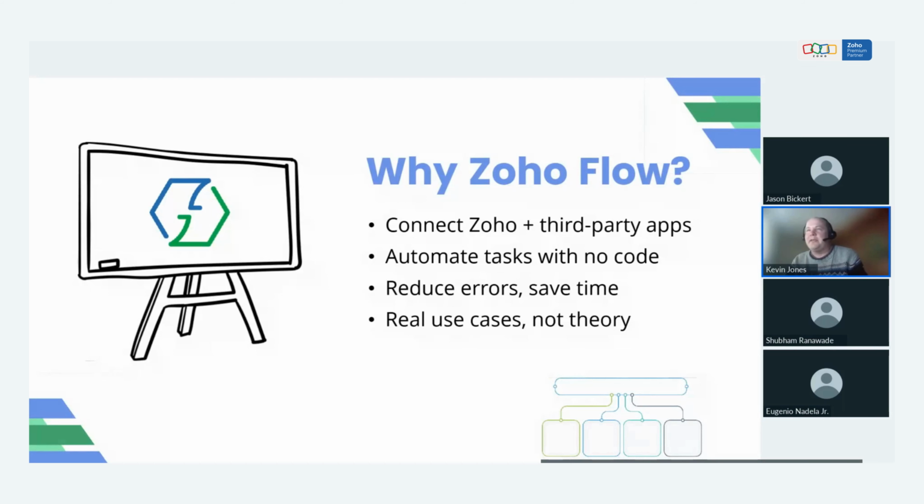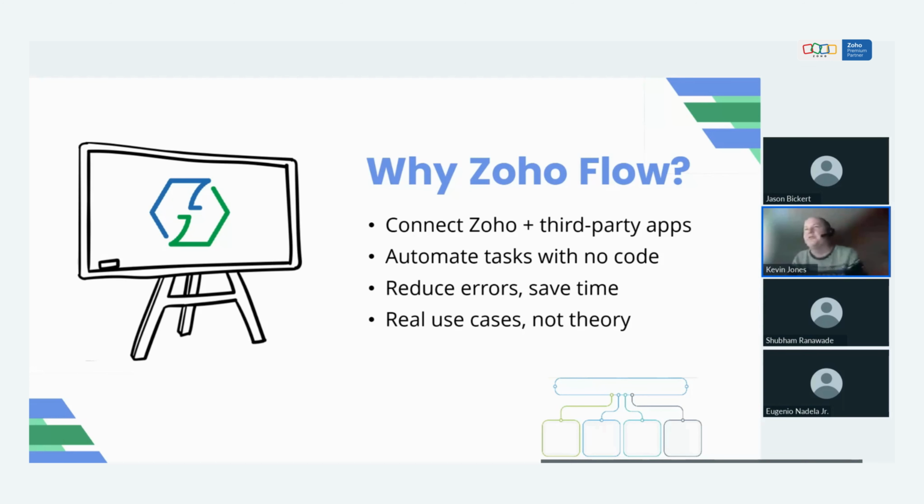So the way that Zoho Flow works is that it's usually the second or the third app, or maybe the 10th app that you adopt, because it's sort of an accessory for other apps. It doesn't really do anything by itself. You wouldn't have a business or any kind of workflow that is just "we're in Zoho Flow."